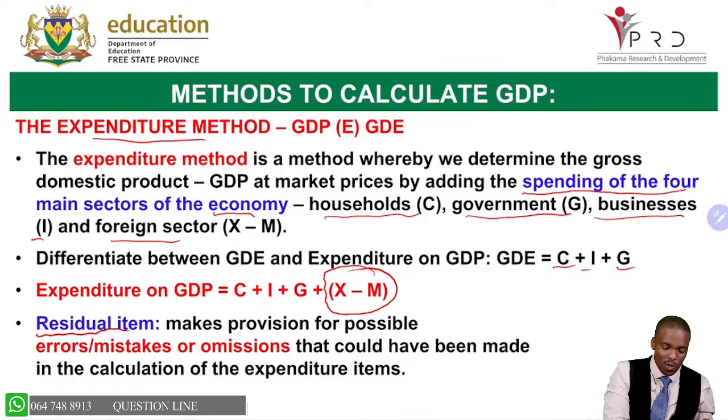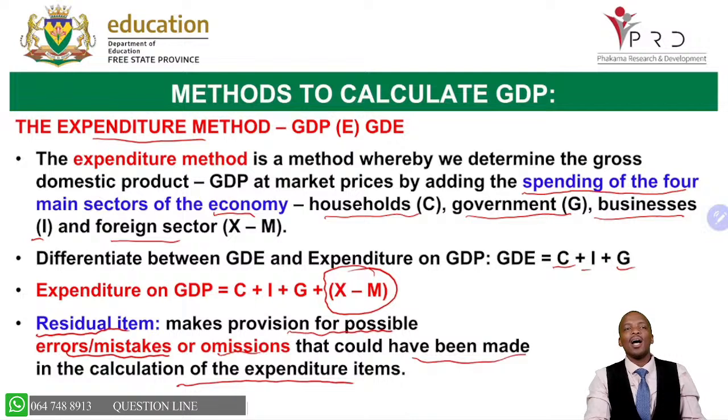So this residual items makes provision for possible errors or mistakes or omissions that could have been made in the calculation of the expenditure item, because it's very difficult also to look at the expenditure items or to use the expenditure method. Therefore, we use what you call the residual item. It is used as a balancing figure to correct errors and omissions. Those are the key words there.